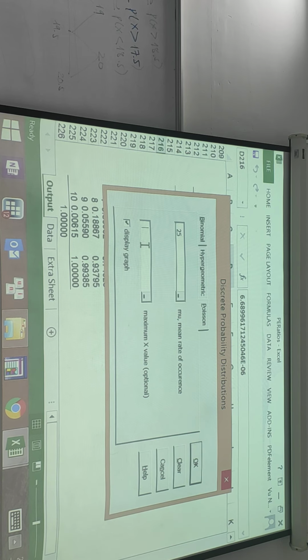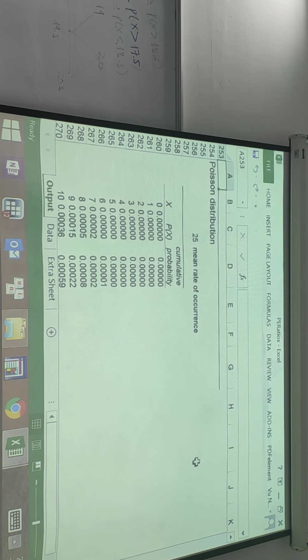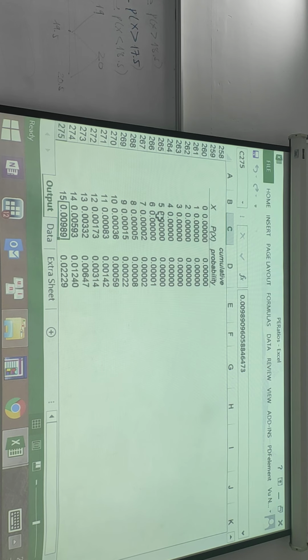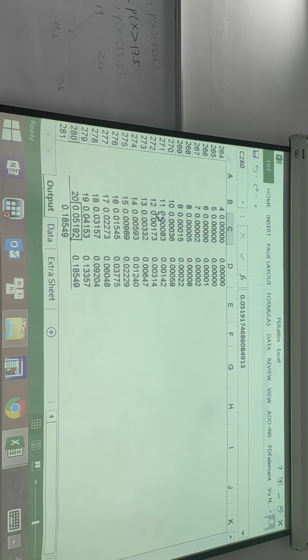What is the probability that the maximum value you actually have is 20 phone calls? It will provide you the probability that you have 0 phone calls, 1 phone call, 2 phone calls, etc., until the maximum value of 20 phone calls.